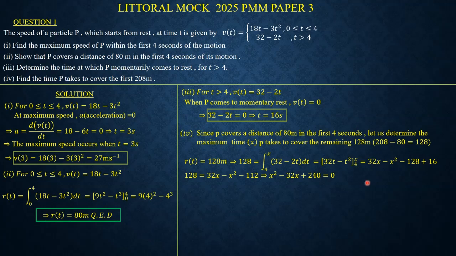Simplifying further, we get 128 equal to 32x minus x squared minus 112.